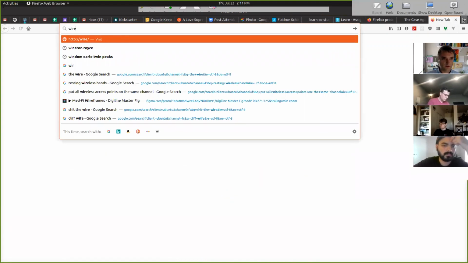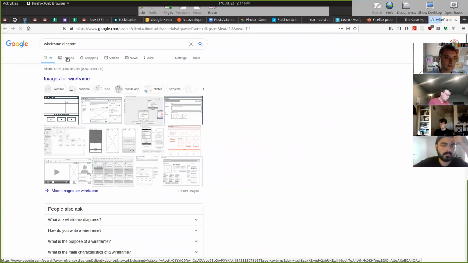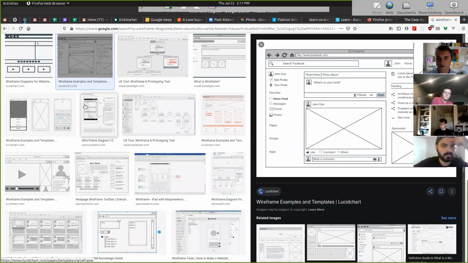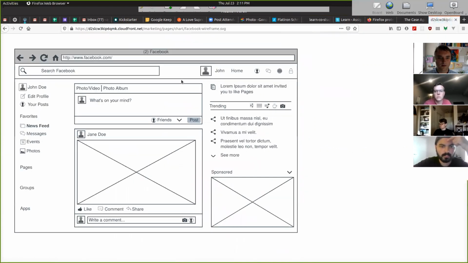Wireframes look like this. That's a pretty decent one right here. So what do you see as the major differences between the mock-up and the wireframe?